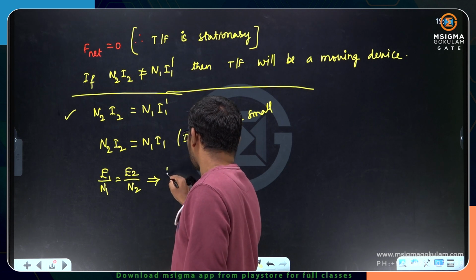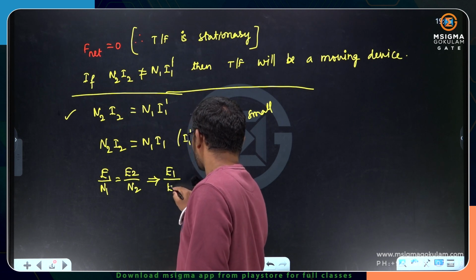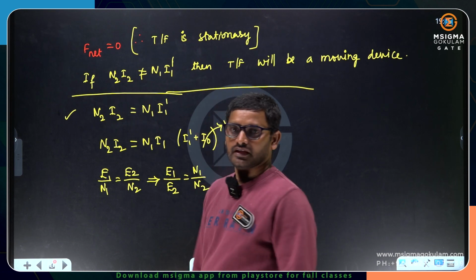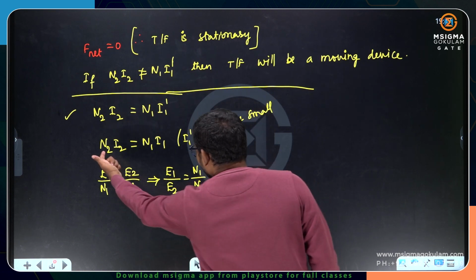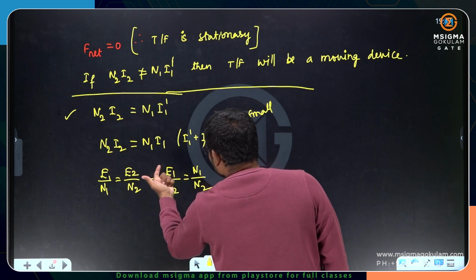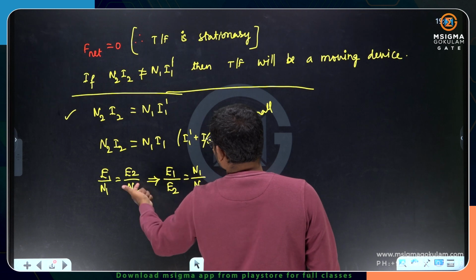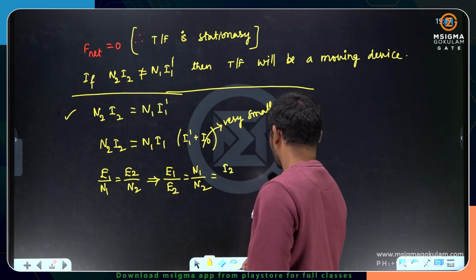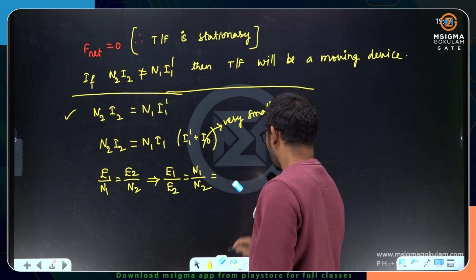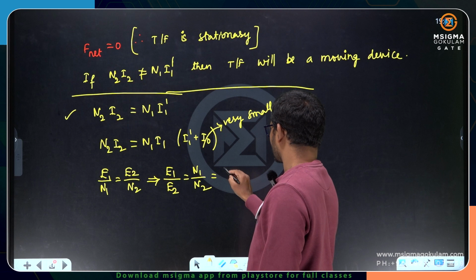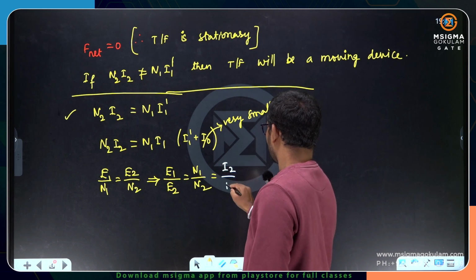What can I write from this one? N1 by N2 is equal to I2 by I1. Yes or no? N1 by N2 is equal to I2 by I1.